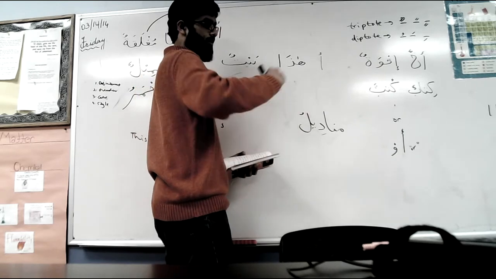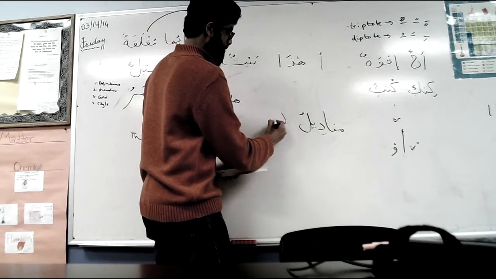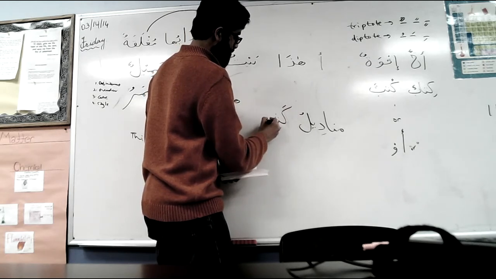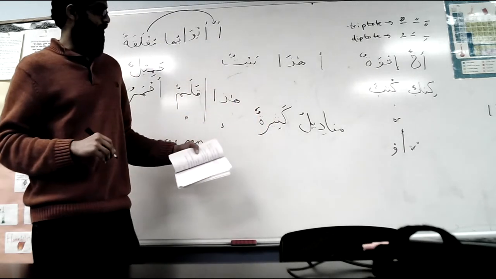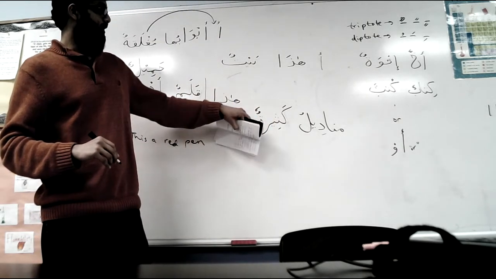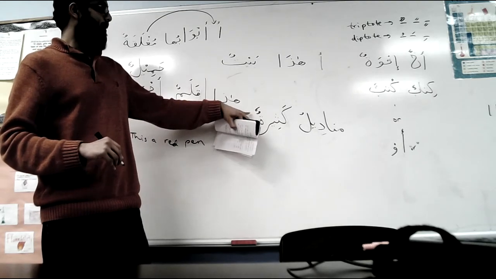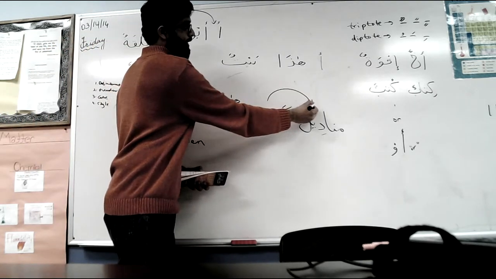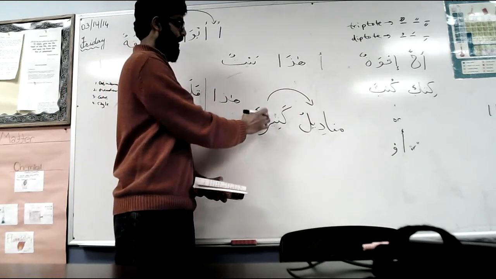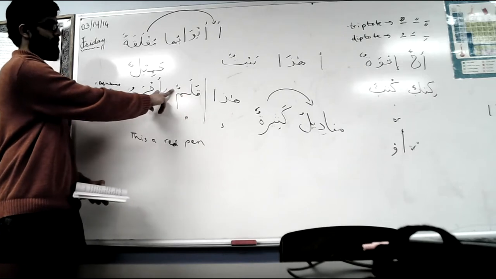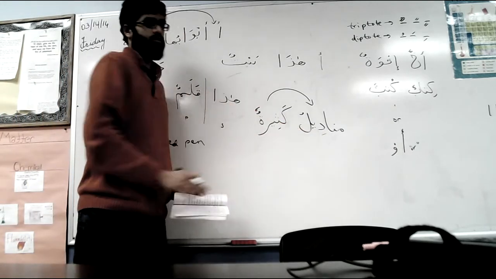It follows the pattern of the broken plural, mafa'ilu. And what does kathiratun mean? Many, right? So kathiratun has tanween. It's not mamnu min as-sarf. It's an adjective describing manadilu, but you can have both of these situations. In one, the noun has tanween, and in the other, the noun does not.